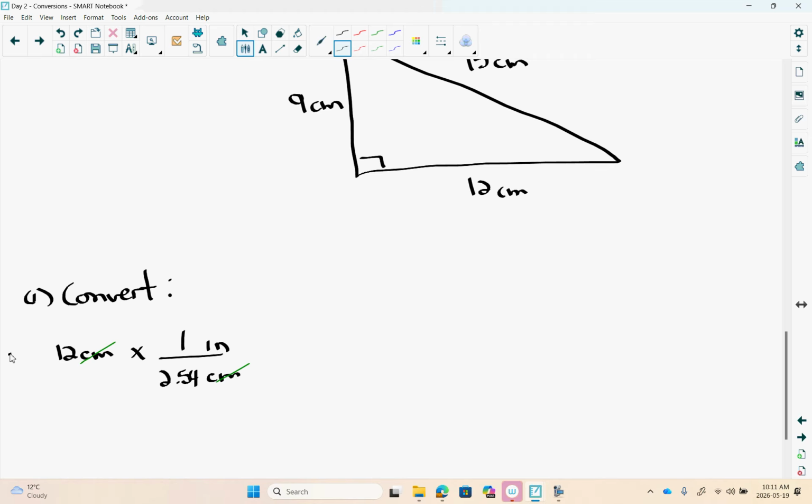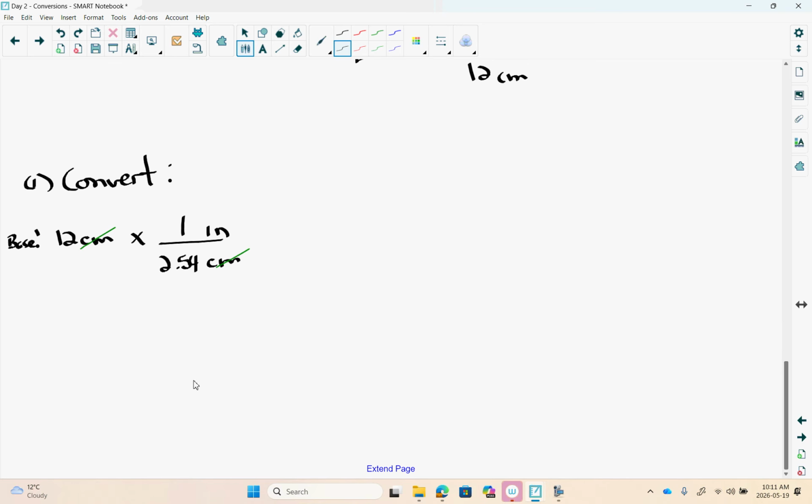And that would tell me that the base is going to be 12 inches divided by 2.54. 12 divided by 2.54 gives me 4.7244 inches.